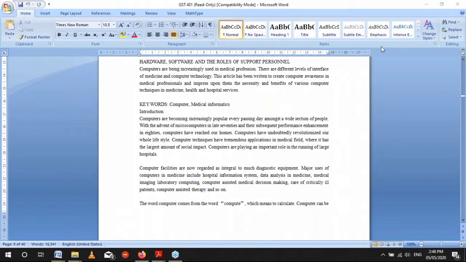It is the term given to the physical components of the computer system, and it is divided into 3 units. I want us to listen carefully in these areas.